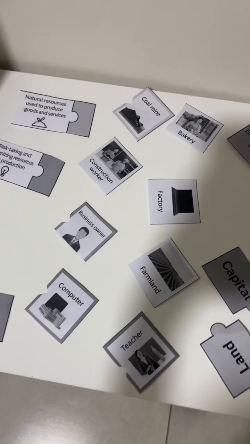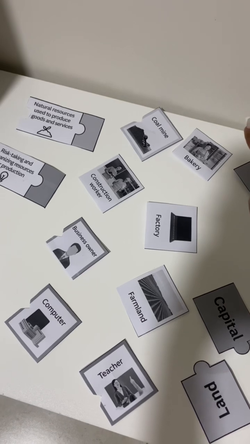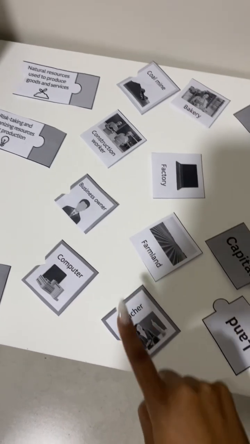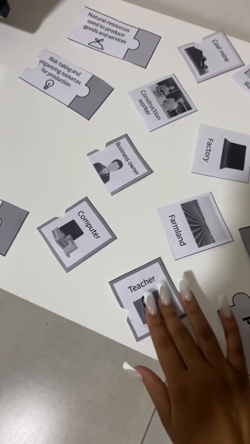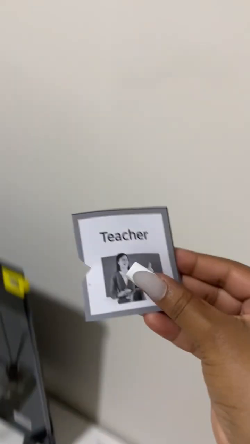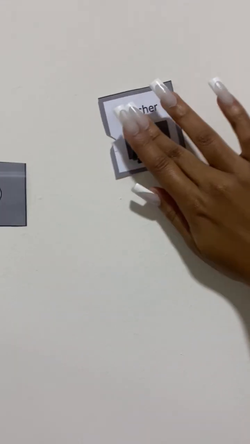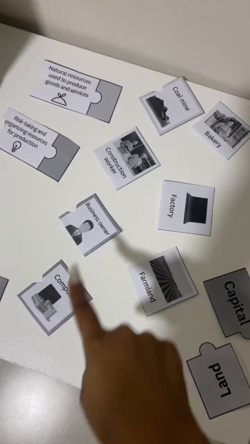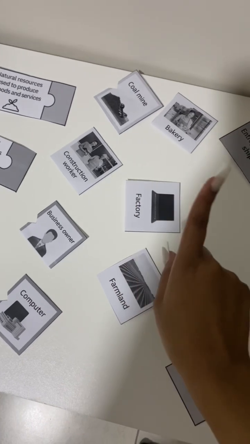So now we have to find examples of what a laborer is, right? So the first example will be a teacher. So a teacher is an example of the first factor of production, which is labor. And then we are going to look for the second one.